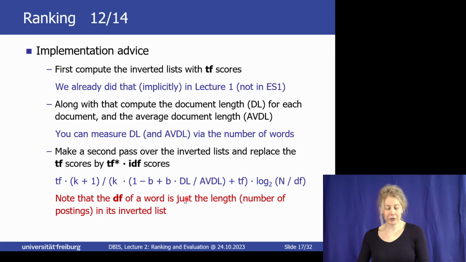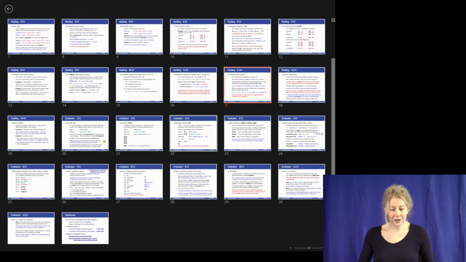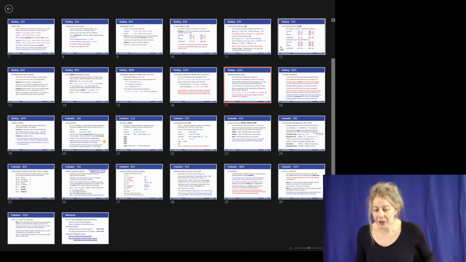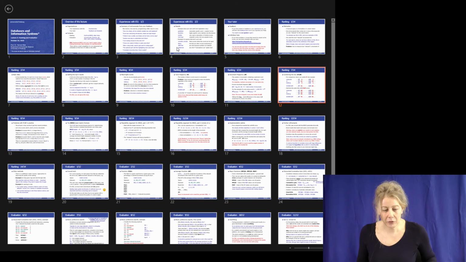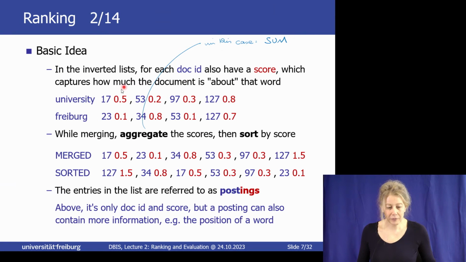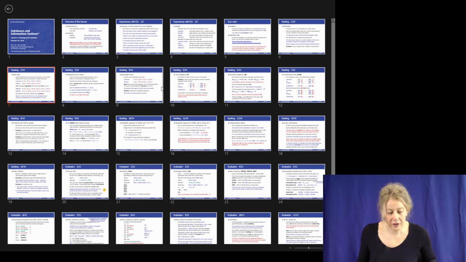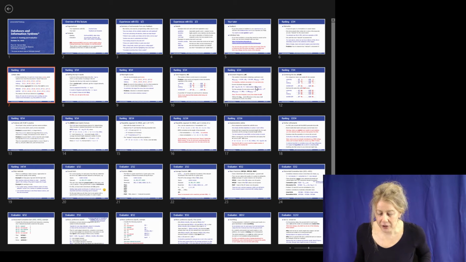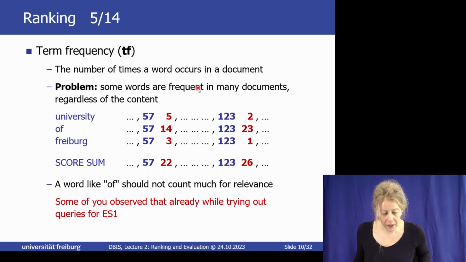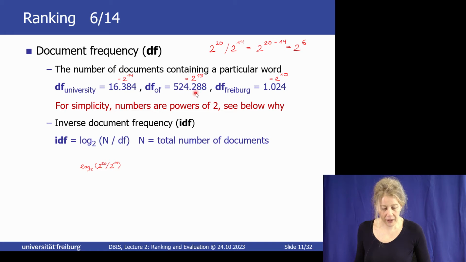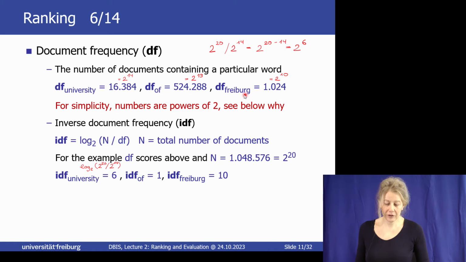what's DF? Well, DF, actually we did it in the first lecture, is just the length of the inverted list, right? The document frequency, let's maybe go to the document frequency. I didn't say this, but let me just, where is my slide, here I had this number here, Freiburg, 1024.